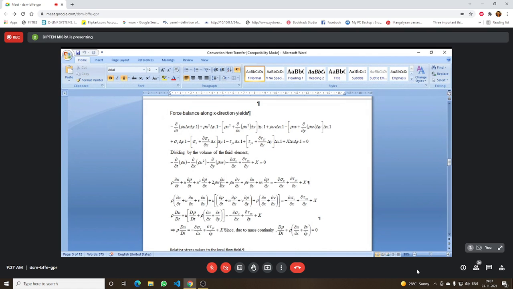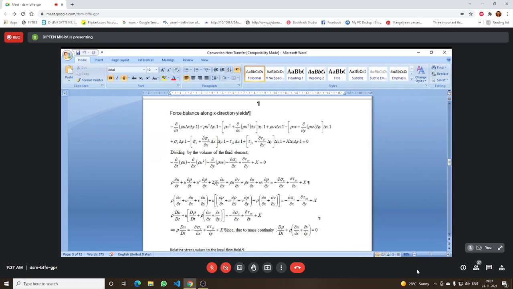If we differentiate, there will be one term which will be u square into del rho del x. Another term will be rho into del x of u square. So that del x of u square will be equal to nothing but 2u del u del x. Now again, out of this 2u del u del x, you break this into two parts.